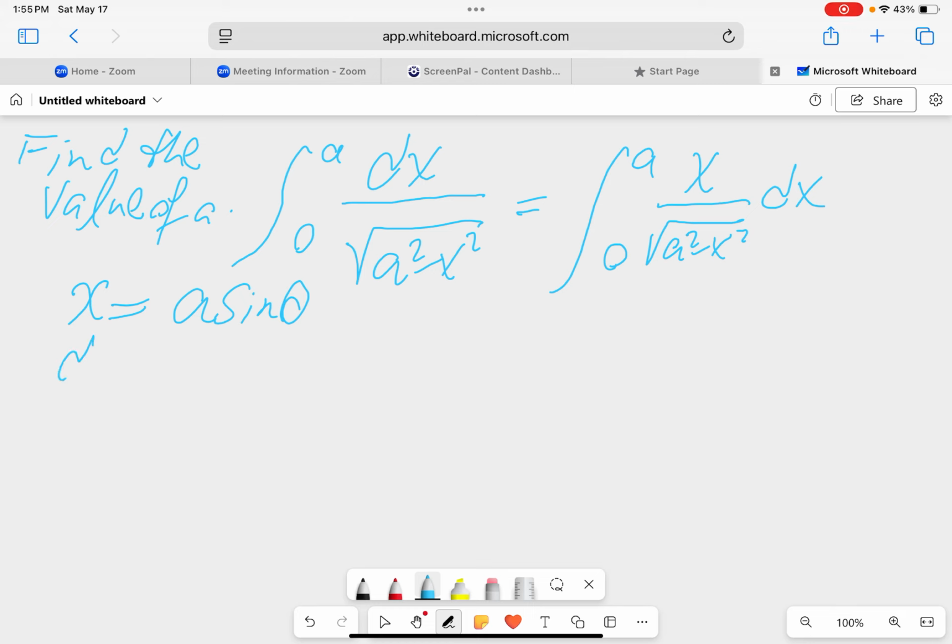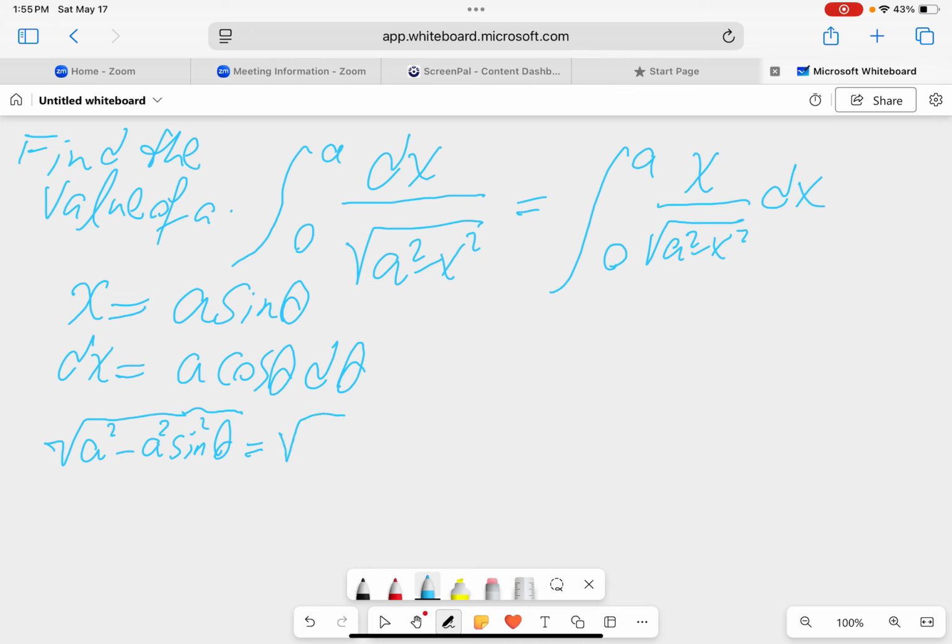First of all, we take the derivative of dx with respect to d theta, which is going to turn out to be a cosine of theta d theta. Then let's see what happens to the square root. If you substitute x with a sine of theta, we end up with a squared sine squared theta.